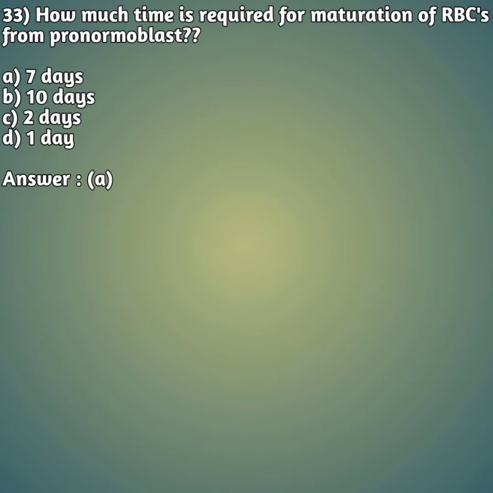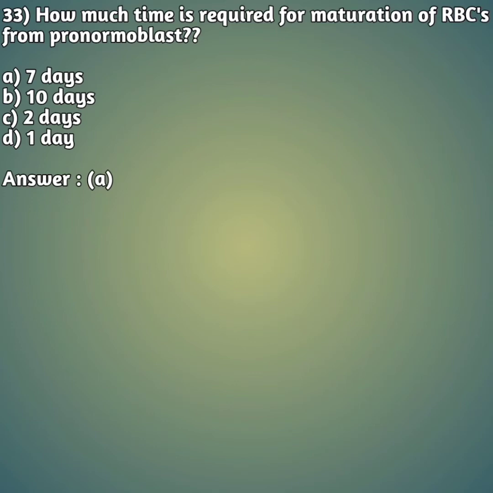Here they are asking the time period for the RBCs to mature. Option A 7 days, option B 10 days, option C 2 days, and option D 1 day. The right answer is 7 days, the correct time to get matured RBCs from the pronormoblast.